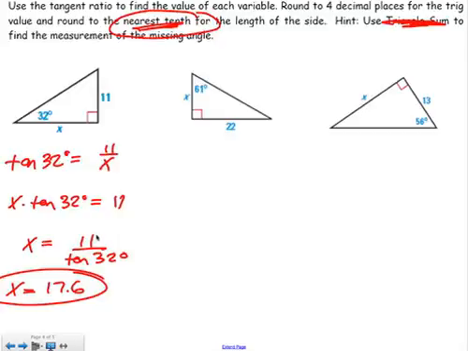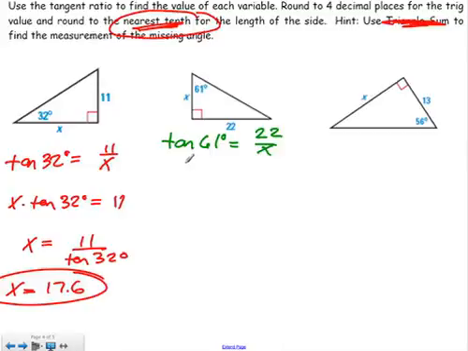Let's look at the next problem, which is going to be just about the same, but then it's going to switch when we get over to this third problem. So watch what we have in common with the second problem. Again, we have an opposite side and an adjacent side, so it's a good hint to us that we'll be using tangent. So we'll say the tangent of 61 degrees is going to equal 22 over x. Again, that's going to be our opposite side over our adjacent.